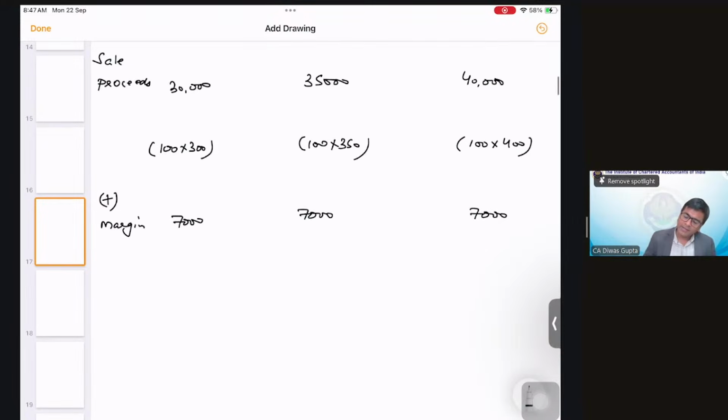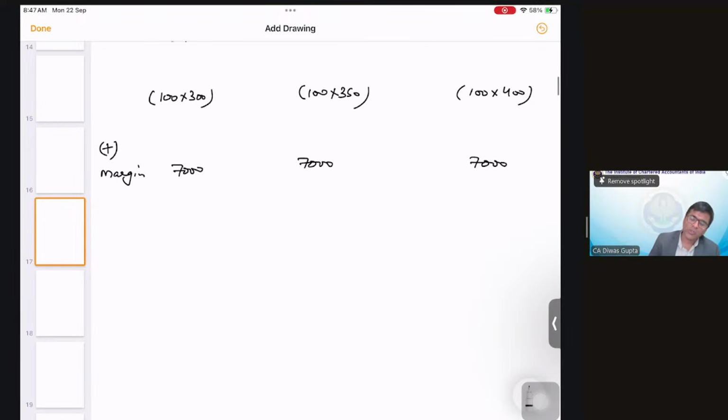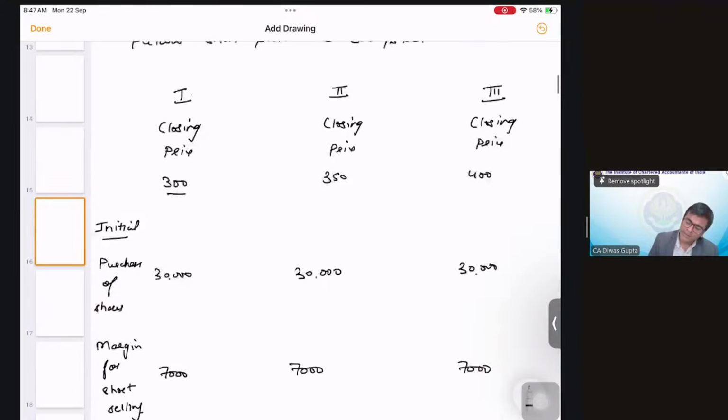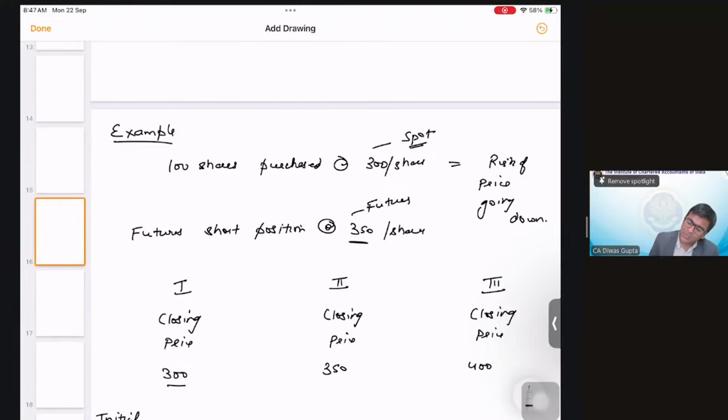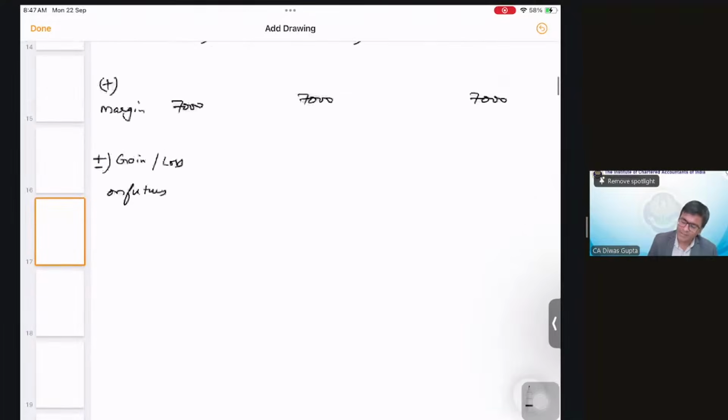And for the net settlement on futures, you will also need to pay or receive something, so plus or minus the gain or loss on futures. Now students, comes the interesting part. We have entered into a short position at the rate of 350. What is the closing price? 300.